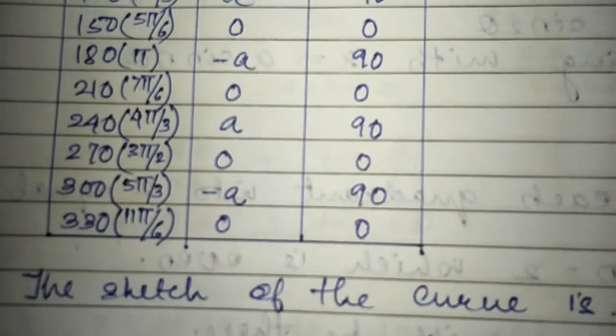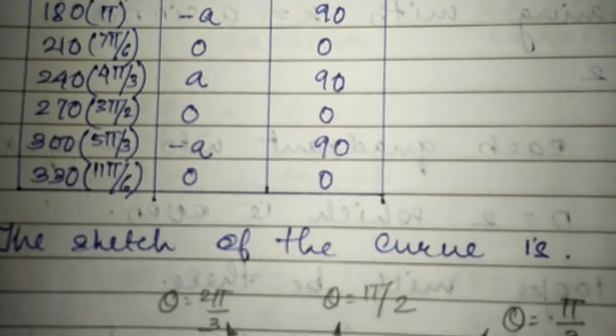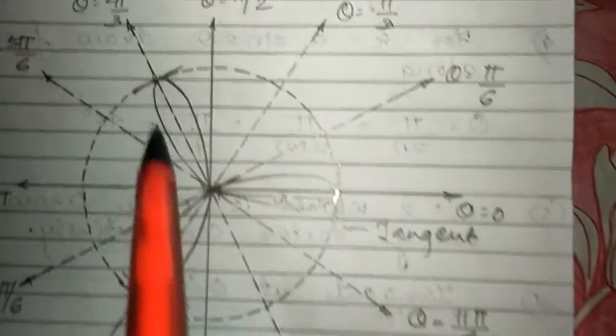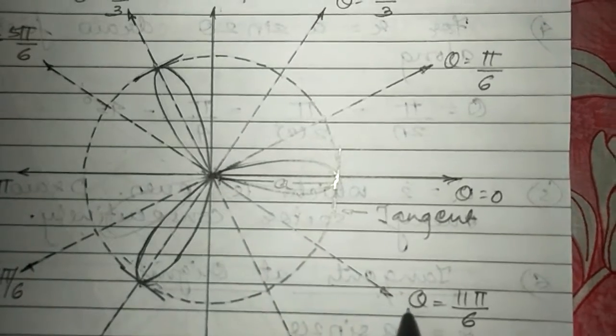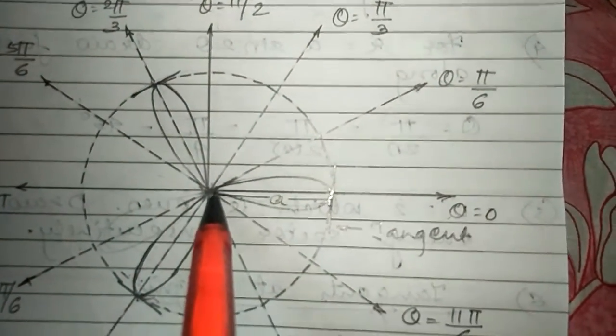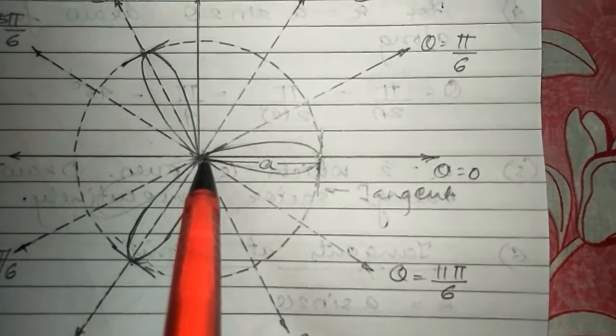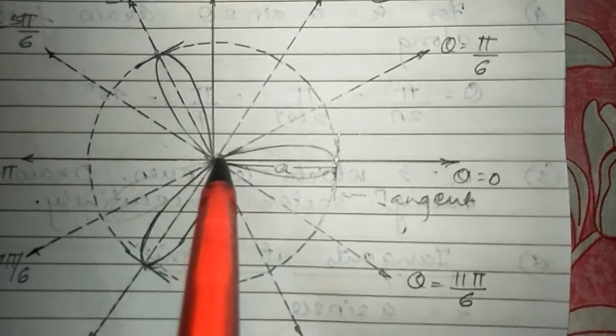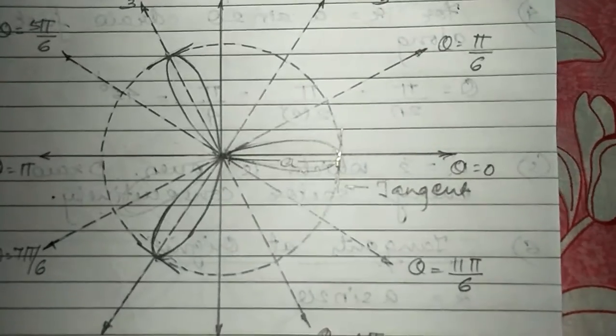And for 330 degree, that is 11 pi by 6, it is again 0. So now we are here. So it comes to be 0 for 11 pi by 6. So you are coming again from this point to this point. It is theta is equal to 11 pi by 6, and for that we have r is equal to 0.